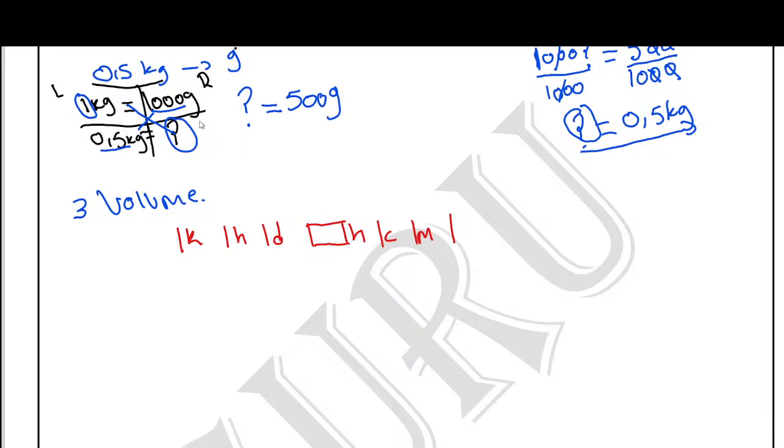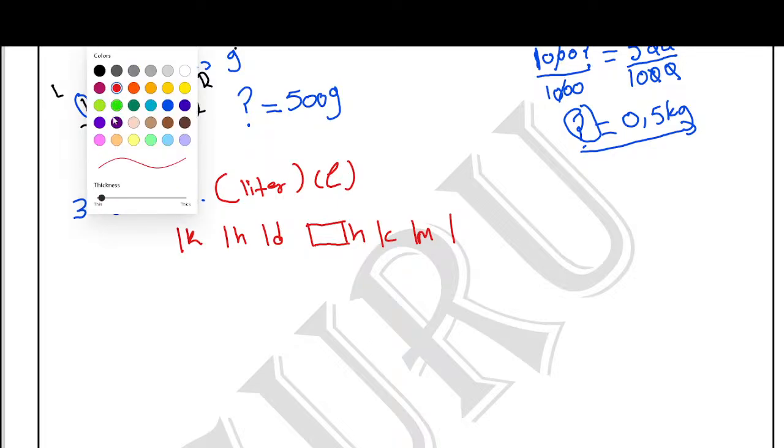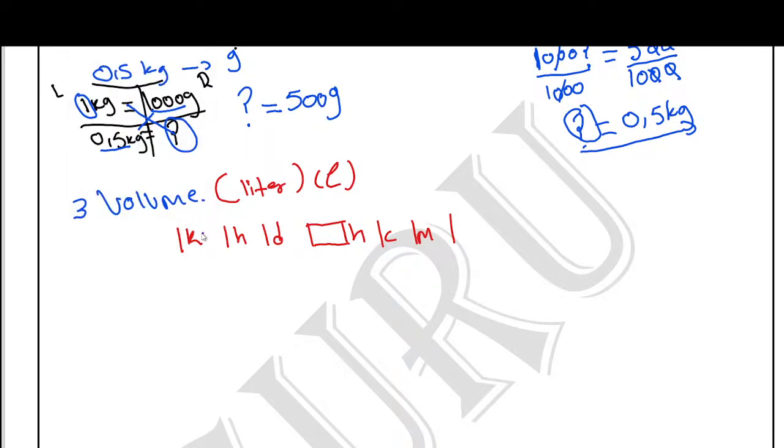Okay, then now we go back. What was our common letter in volume? It was liter, which will be presented by this symbol. Okay, so now we're going to go to all of those 7 blocks and we are going to add a liter. Liter, liter, liter, liter, liter here, liter here.